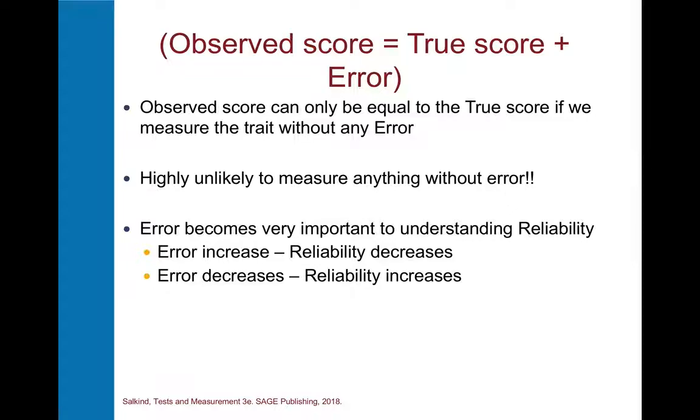So specifically, as error increases, reliability decreases, and vice versa. So this is why it pays to be deliberate and careful when we're developing a measure. You want to reduce as much error as possible in order to increase the reliability of your scale.